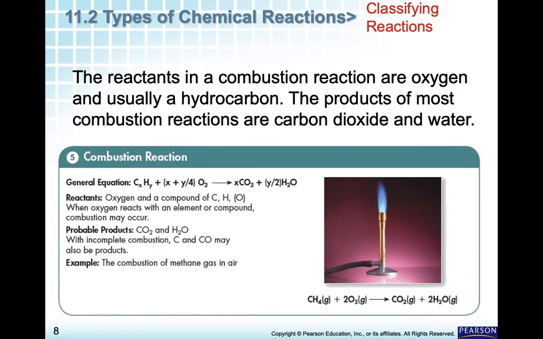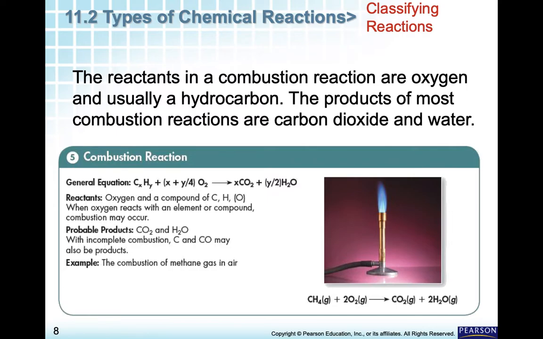And the last type is called combustion. This is almost always a hydrocarbon, some kind of carbon and hydrogen compound, with oxygen to form carbon dioxide and water. There's a very complex system of trying to figure out how to balance it.